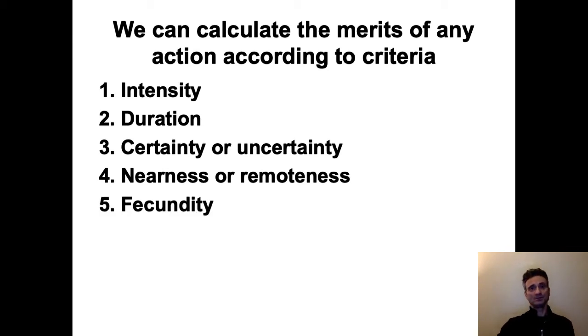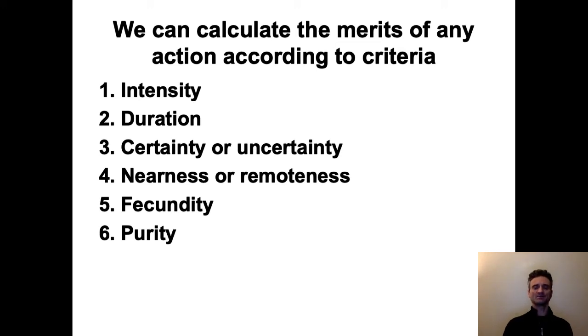Also the fecundity. Fecundity means whether this pleasure, or the opposite of pleasure, is going to produce more pleasure as a result, or more pain and suffering. Also the purity.